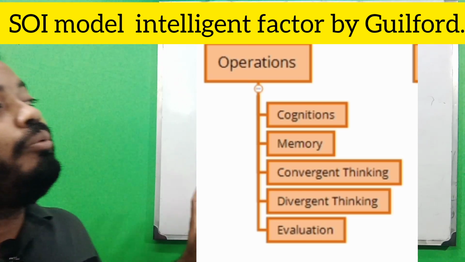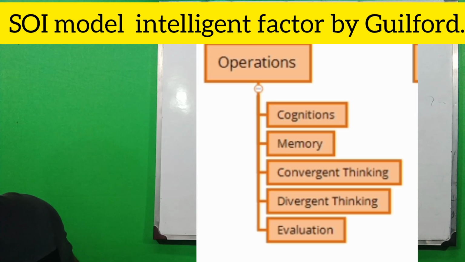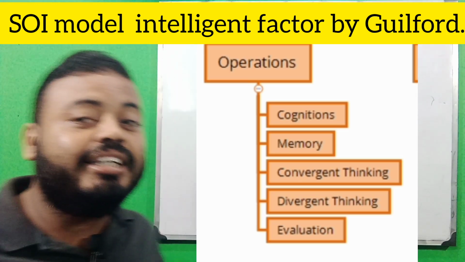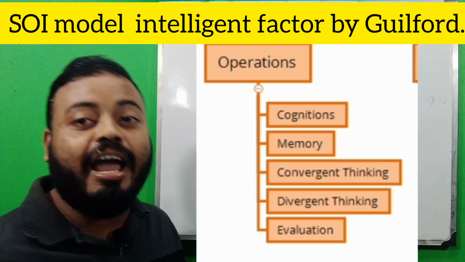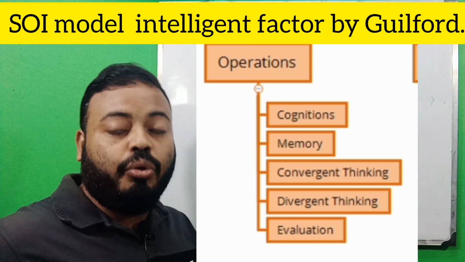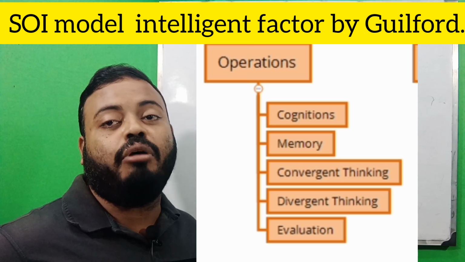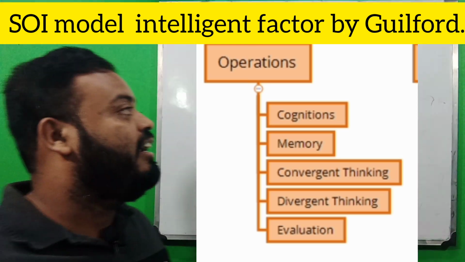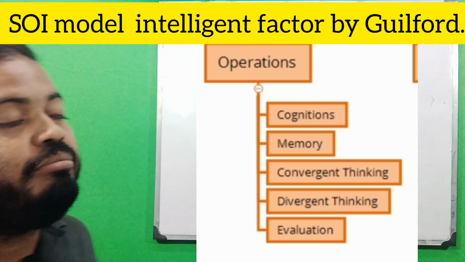Next we learn about convergent thinking. Here the person will be able to solve a particular problem, and he will know how to solve a problem particularly. Next, divergent thinking or divergent production.